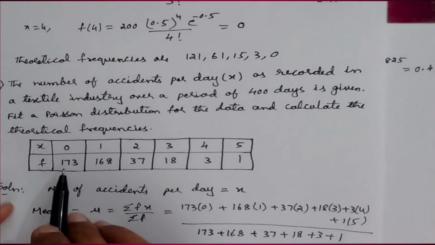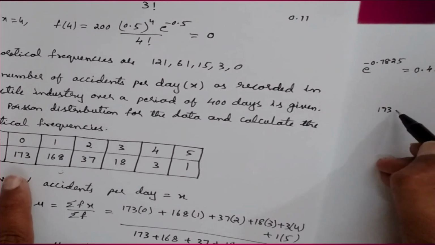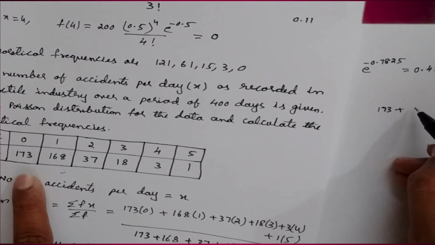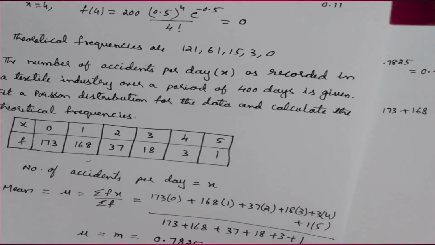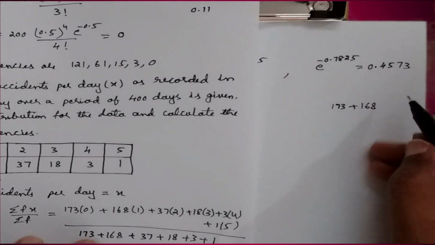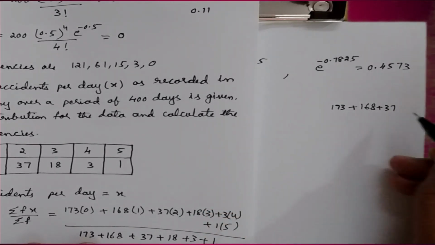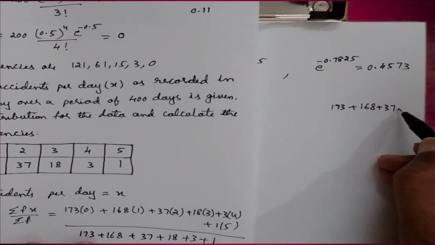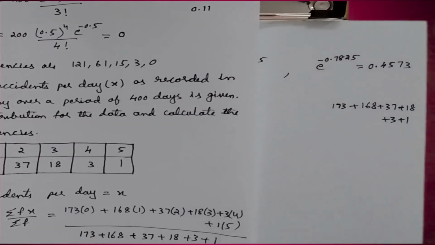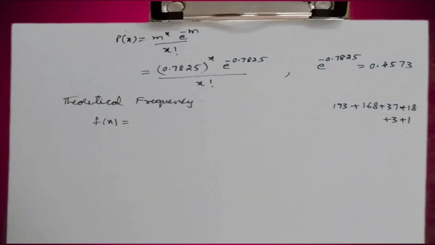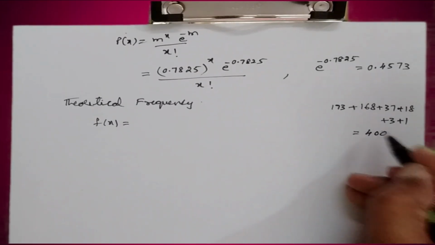If you want to calculate the total, you need to just add all these values: 173 plus 168 plus 37 plus 18 plus 3 plus 1. So just add all these values and see how much you'll be getting. Are you getting the value to be equal to 400?